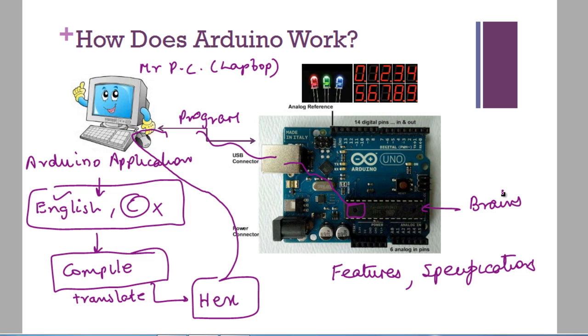For example, if I'm saying that I would like to glow these LEDs, and let me assume that these LEDs are connected to pins 11, 12 and 13. Then let me add another application saying that first this LED should glow, then this one, and we should go back in order.